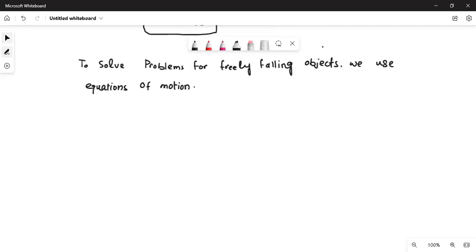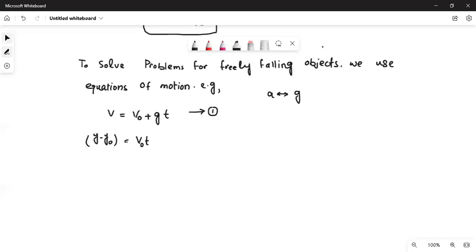For example, we have the first equation. What is the first equation? v equals v naught plus a t, but a here will be replaced by g. So this will be the first equation: v = v0 + gt. I replaced a by g. Second equation, x minus x naught will change into y minus y naught, equal to v naught t plus half g t square. y is vertical, x is horizontal.